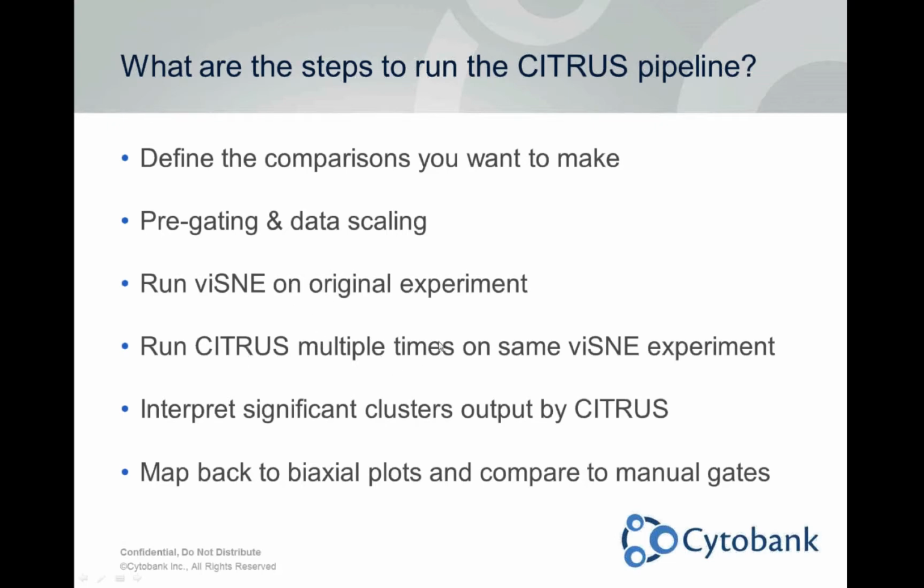This gives you a way to compare across multiple Citrus runs. After that, interpret the significant clusters output by Citrus. Like I said, map them back to the viSNE map on that same region. And then compare that information to how you might manually gate for a population, or look at those Citrus clusters and say, okay, how would I develop a gating hierarchy to get to these based on two-parameter dot plots? And that is essentially the whole workflow that we're going to be covering today.